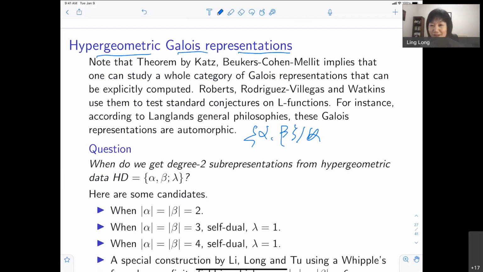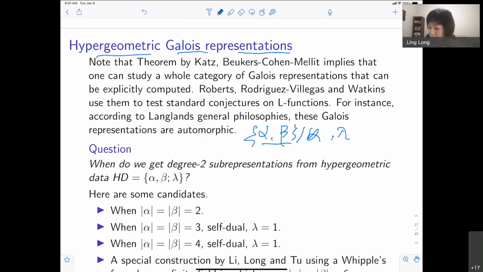We did that, but it turned out our algorithm is not as fast as Mark Watkins' algorithm. Right? You can do the implementation yourself. That's no problem. So given alpha, beta defined over Q, or without the assumption of being defined over Q, and depending on which lambda you choose, you're going to come up with a wide variety of Galois representations.